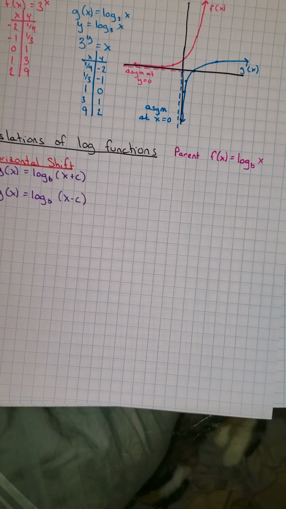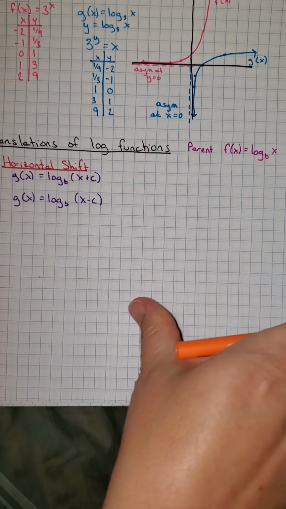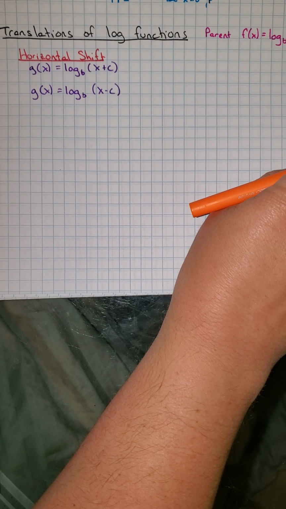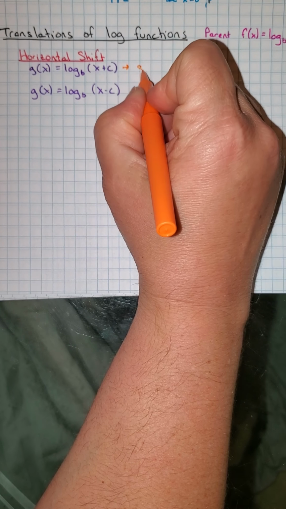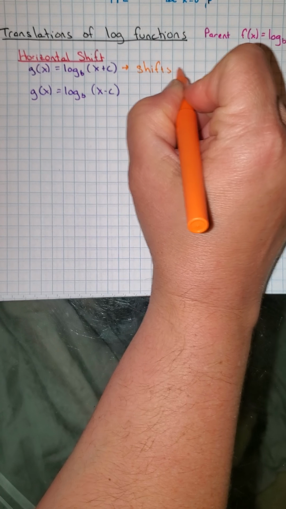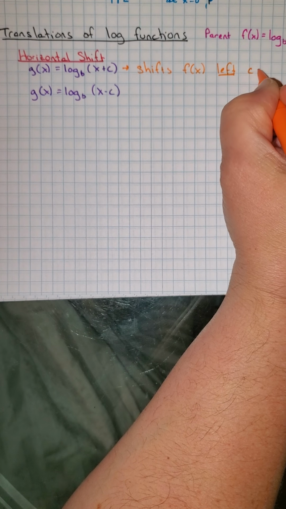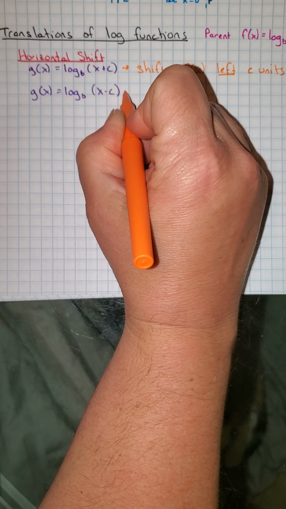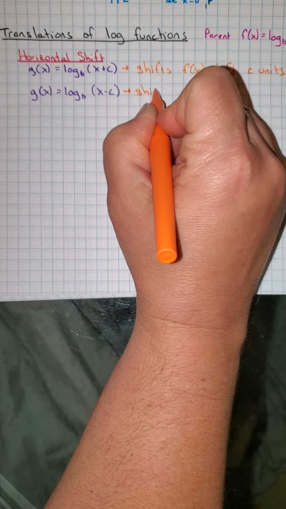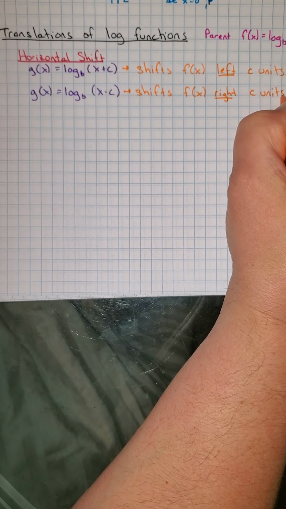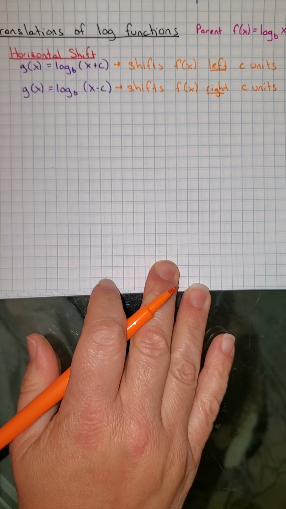Okay, so that first one, remember they're opposite, so plus would take it to the left. So this shifts f of x left c units. This one shifts f of x right c units. Okay, that's a horizontal shift.